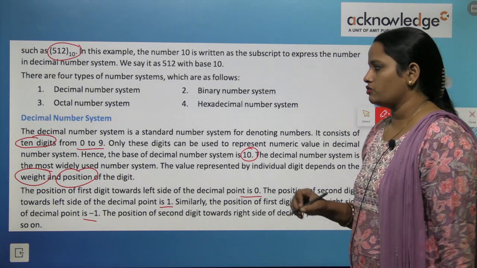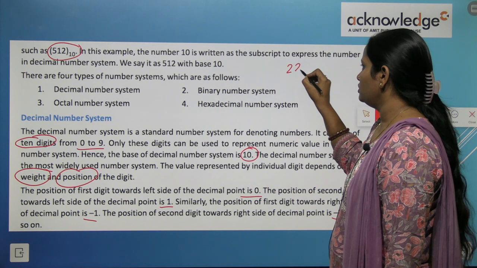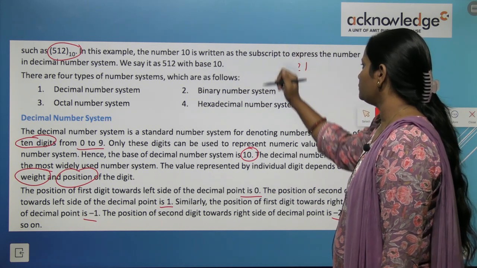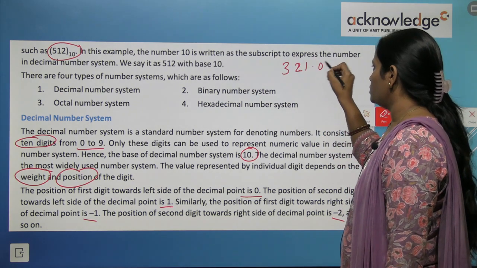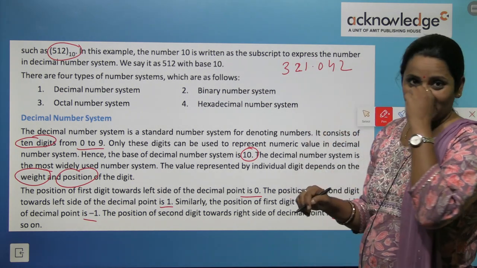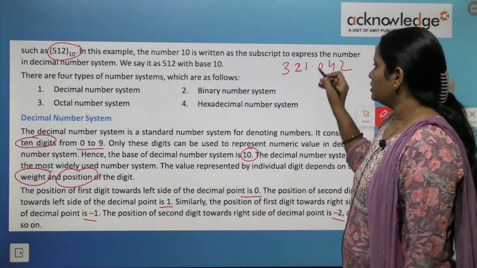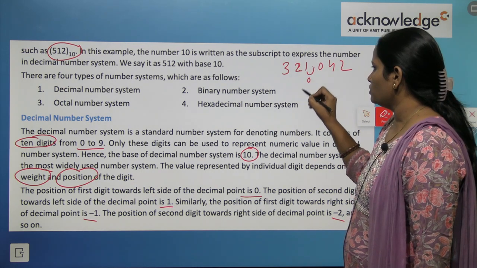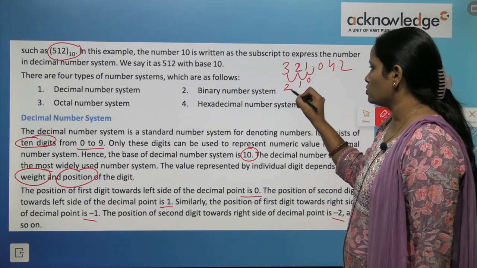Here I am going to give you an example. I have written a number here: 321.042. This is written in decimal form. Here, the first number to the left is position 0, the second number is position 1 and the third number is position 2.